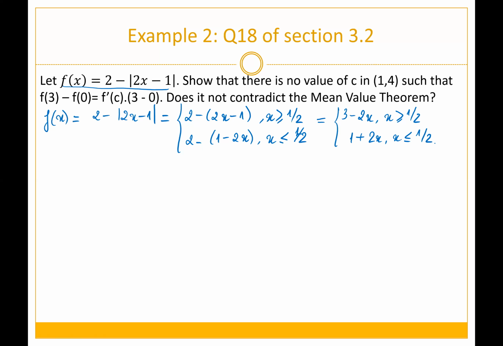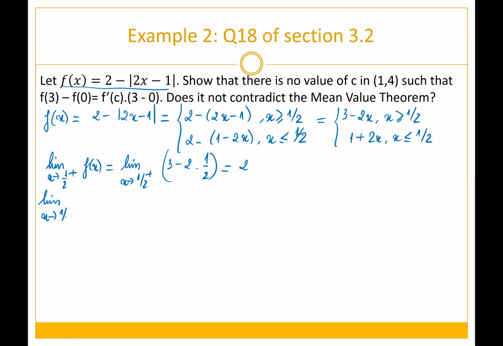Now, let's look at x equal to half. So you have the limit of x approaching half from the right of f(x), so it's on the right of half, which is going to be 3 minus 2 times half, which is going to be 2. Then you do the same thing on the other side.